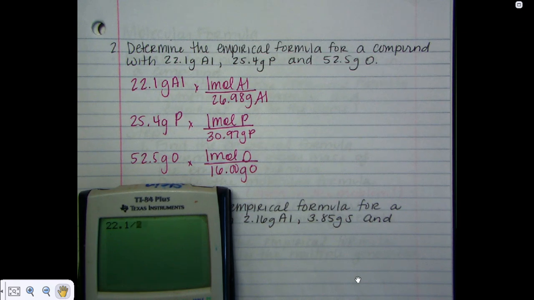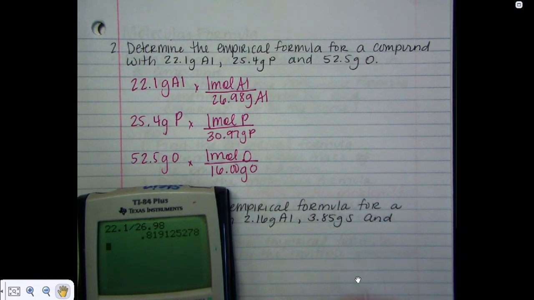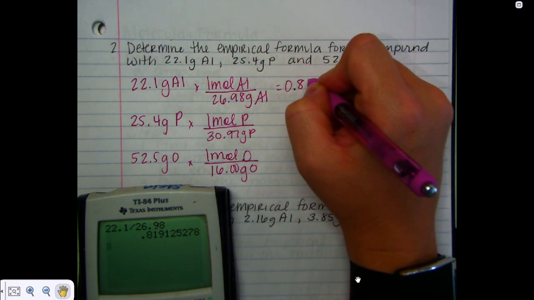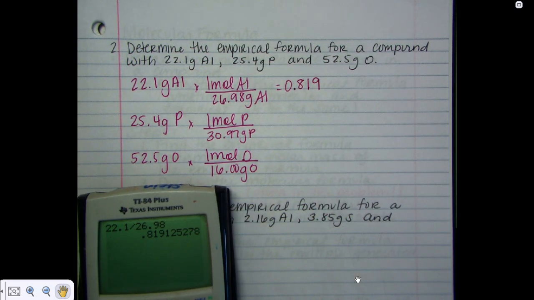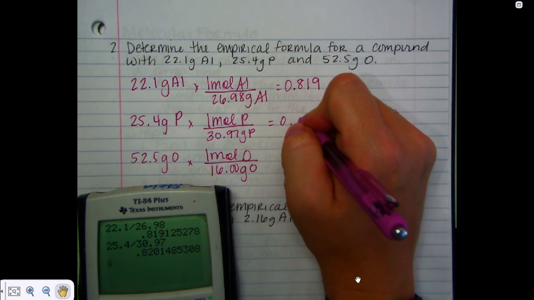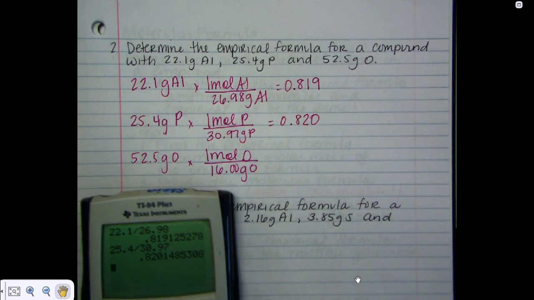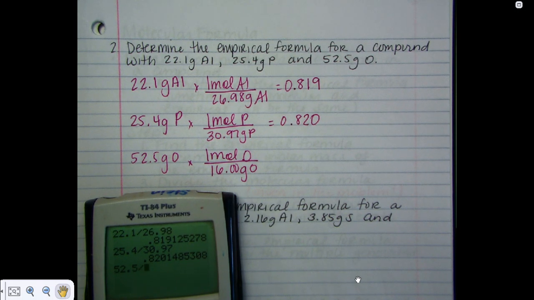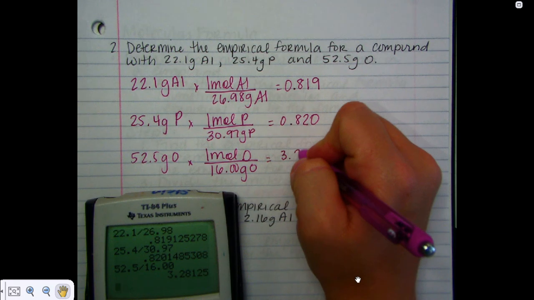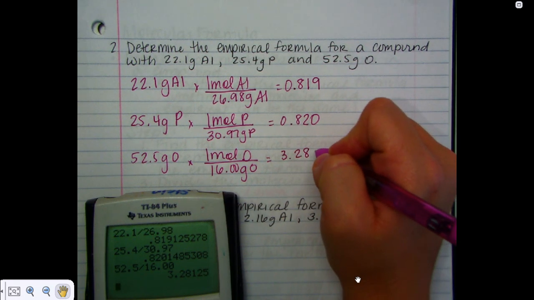Okay, so 22.1 divided by 26.98, 0.819. 25.4 divided by 30.97, 0.820. And 52.5 divided by 16.00, 3.281.